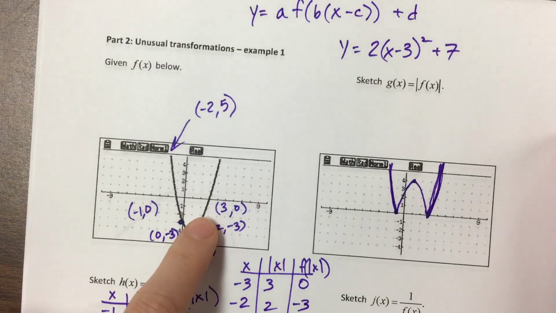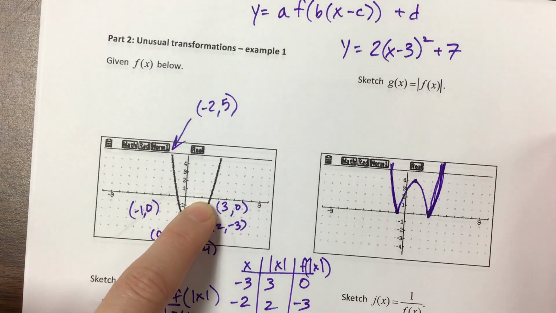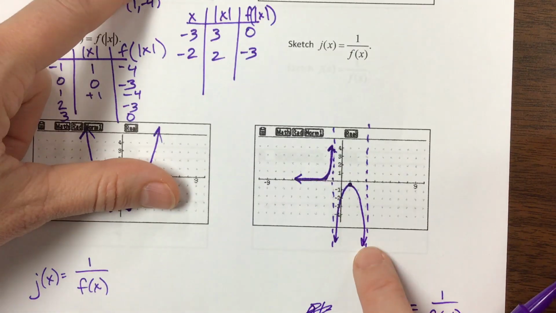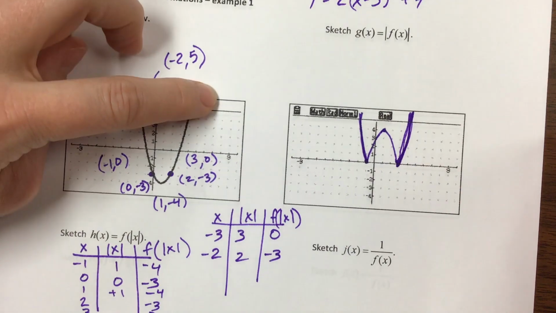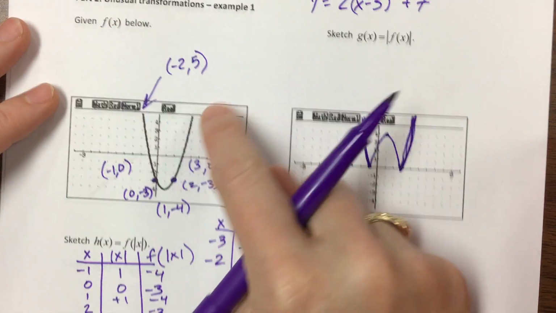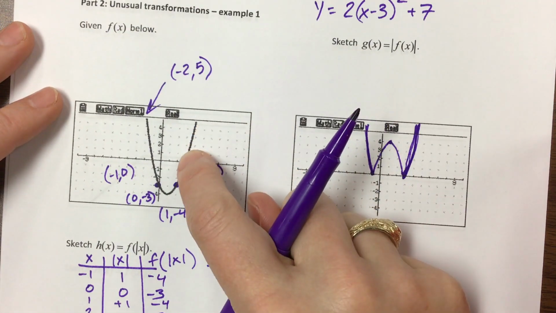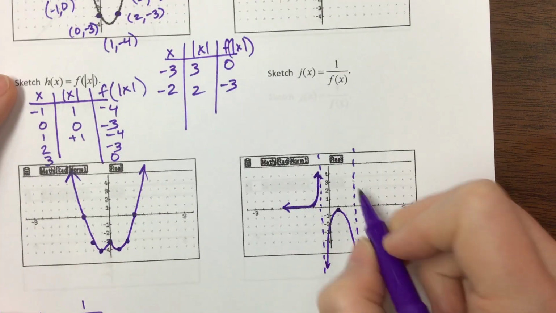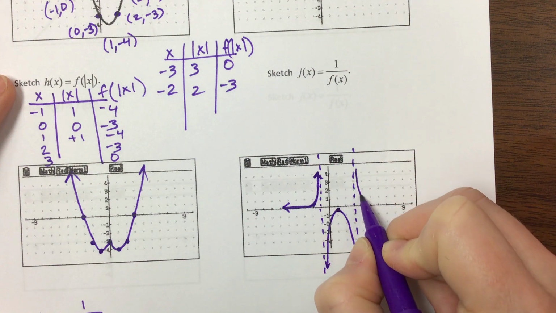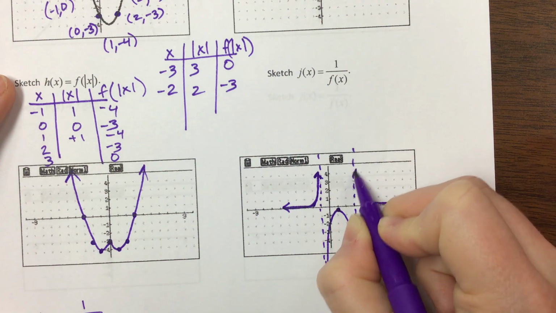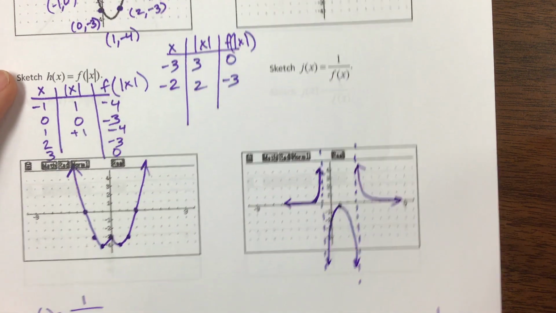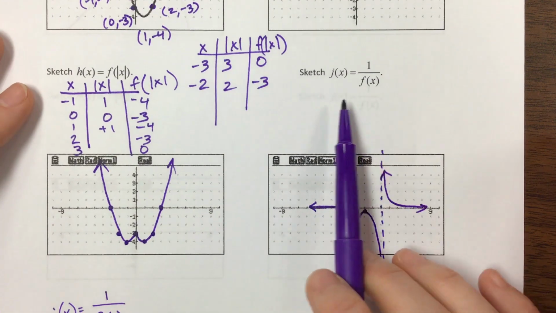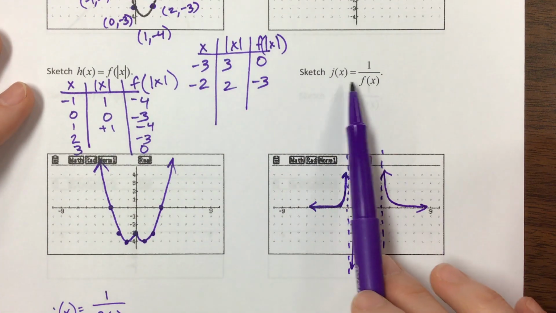When I come over here and I approach from the right and I'm cruising along this way, I start getting smaller and smaller, so I'm going to do something like this over here. Okay, so that's the graph of the reciprocal of f of x.